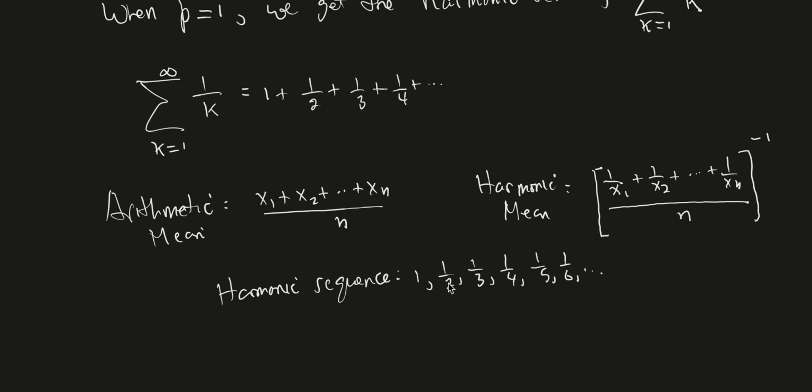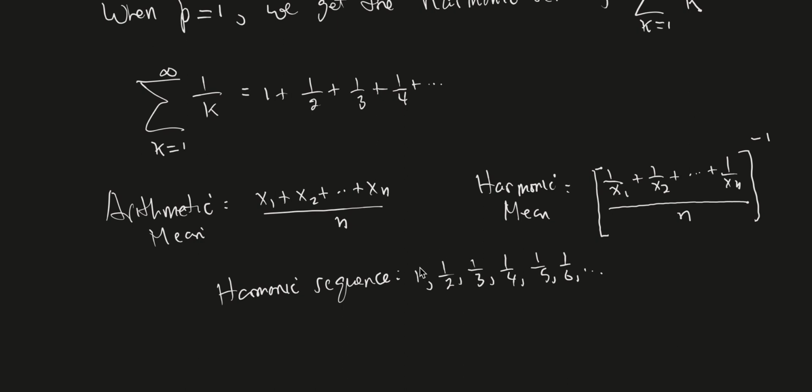If you take any of the numbers subsequent to 1, like 1/2, it turns out it is always going to be the harmonic mean of the two surrounding numbers.